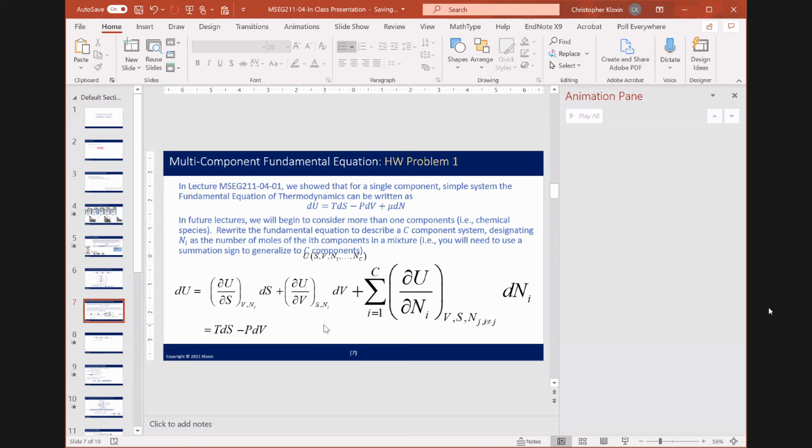The reason why it's minus P is because we want it to relate to the pressure. Again, we'll talk about some of the more physical forms of this in just a bit and justify why it should be minus P.